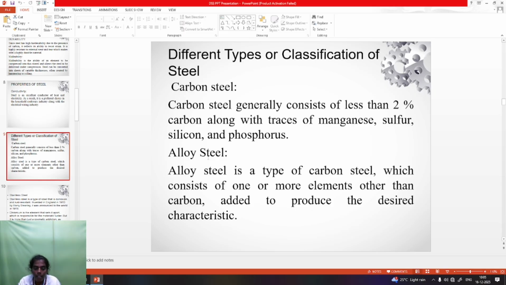The next type of steel is alloy steel. Alloy steel is also a type of carbon steel. It consists of carbon and more magnesium and other elements added for this purpose. These are the types of steel.